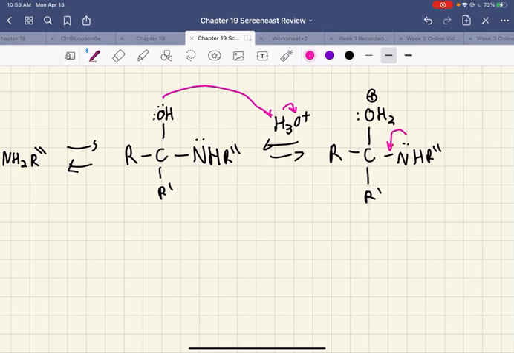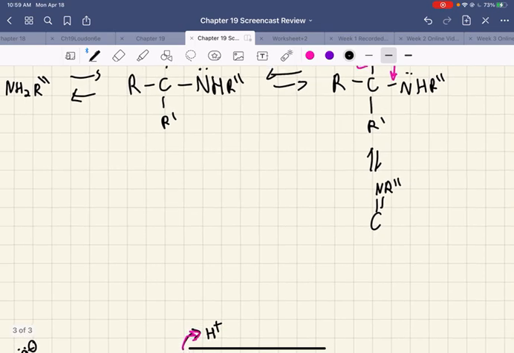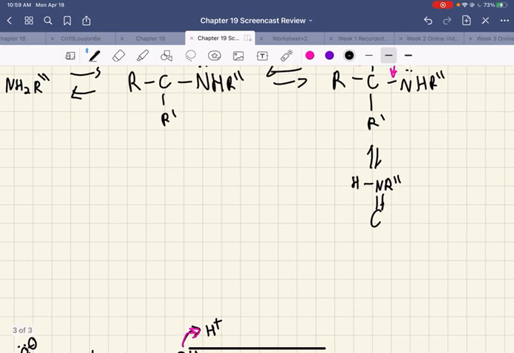These lone pairs will move there, and these will move there, resulting in the elimination of water. Now, carbon will be bound to nitrogen, with a double bond and hydrogen. These will have the two R groups.